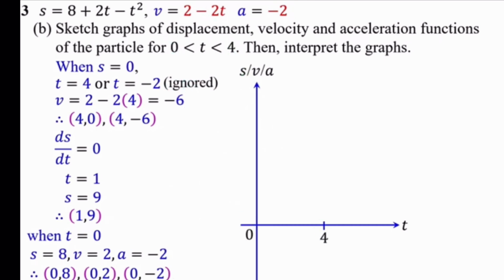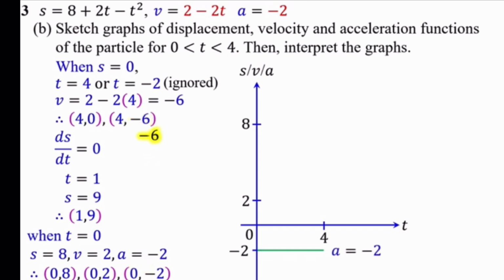So we will label all the important points, especially when t equal to 4, the velocity is -6, we have 1 point. And then when the t equal to 1, the displacement is actually 9. So we have (1, 9), right?